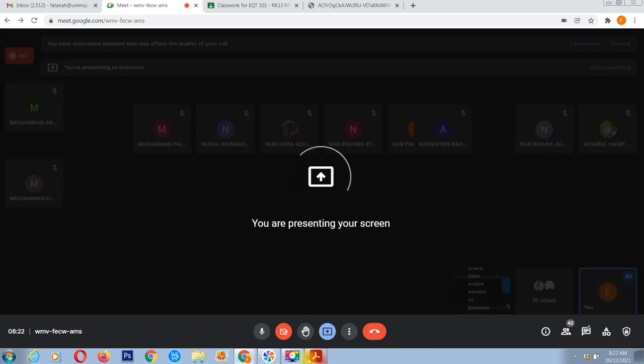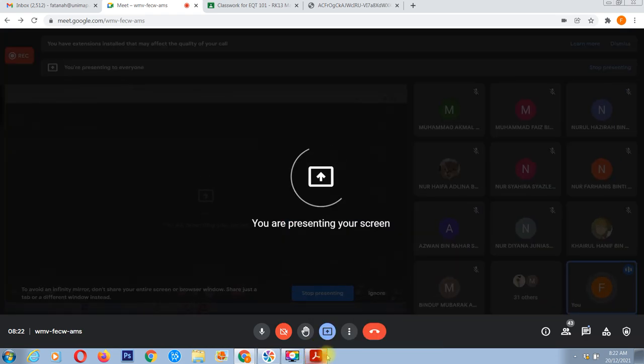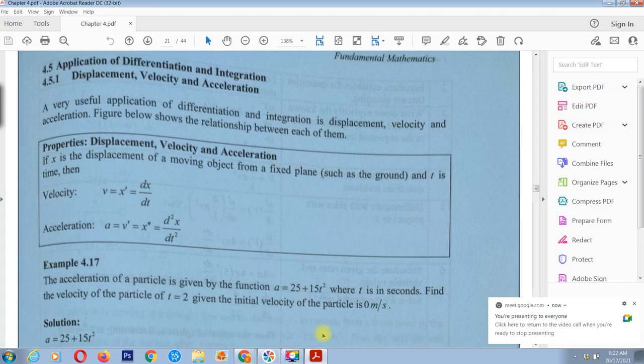Okay, so in our life, by using differentiation and integration, we can know the displacement. What is displacement? The moving object from the fixed plane. So at time t, how far it will go, and the velocity, the speed, and the acceleration.